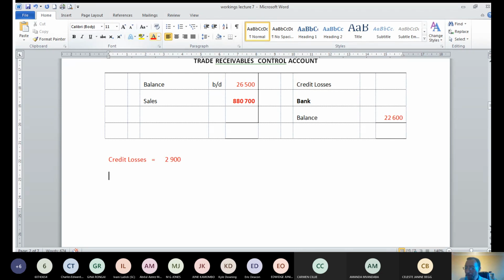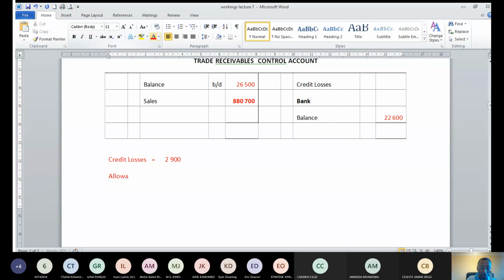If you are faced with a question like this, what you do is you first take a look at if there is any allowance for credit losses in your question. And if you go back to the information from the statement of financial position, you will see that your allowance for credit losses in the year 2019 amounted to 1,200 Rand, and your allowance for credit losses for 2020 is the amount of 1,700.